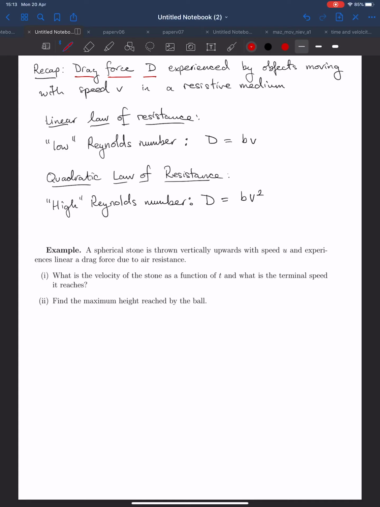So the results shown here hold for objects moving with the speed v inside a resistive medium, and as I mentioned earlier, we're considering one-dimensional motions, and as a simplification, we're assuming that the body that undergoes the motion is rotationally symmetric.